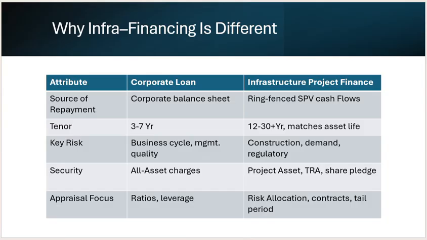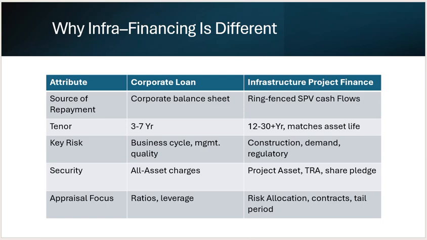So let's discuss why infra financing is different from corporate loans. What are the key factors? This is the first point we need to understand. There we discuss different attributes like source of repayment, tenure, security, and appraisal focus. In source of repayment, for corporate loans we check the corporate balance sheet of the sponsor, and corporate loans are impacted and recorded on the balance sheet.